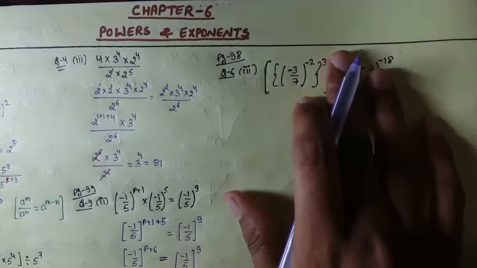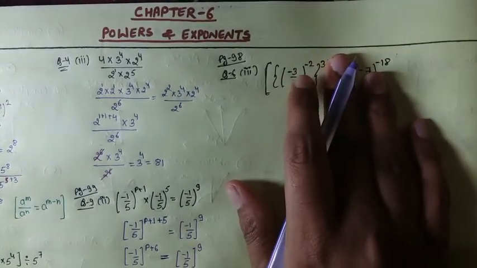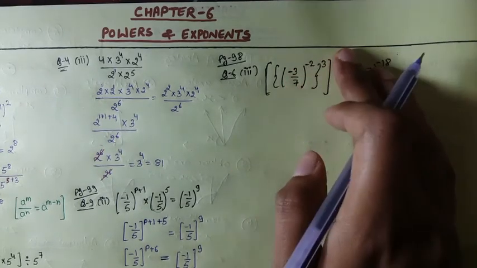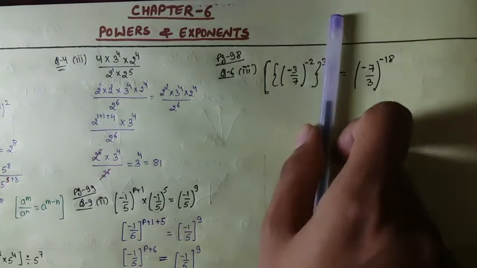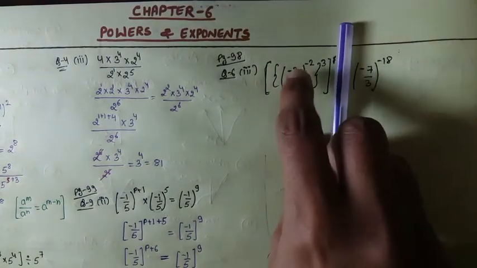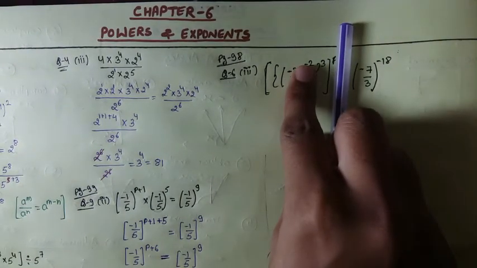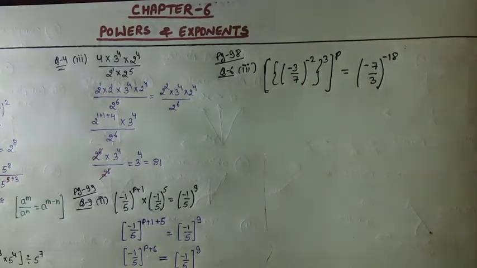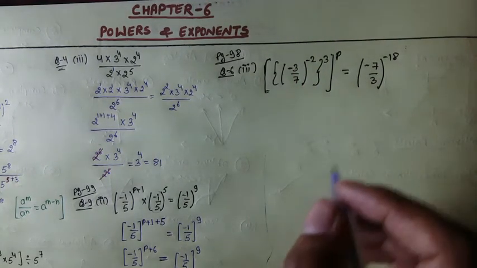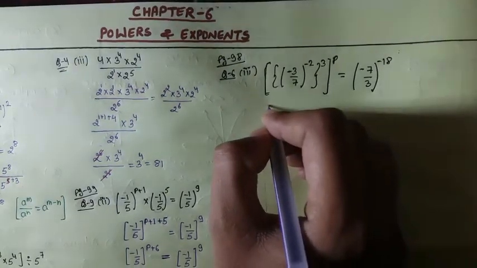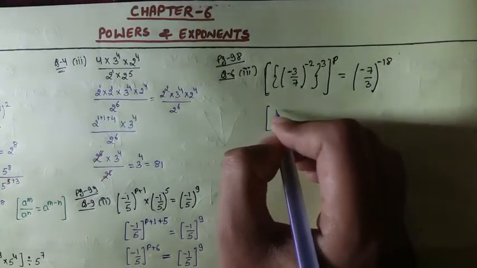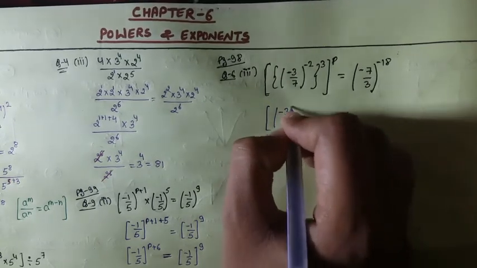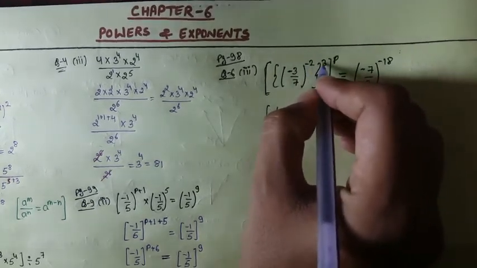Look at this one. Just for a moment forget about this bracket. This is in the form of a to the power m whole power n. एक मोमेंट के लिए इस ब्रैकेट को भूल जाओ. तो हमारे पास क्या है, a to the power m and whole power n, and that is nothing but a to the power m into n, powers get multiplied. So we can write it as -3 to the power 7, and these two powers will get multiplied.